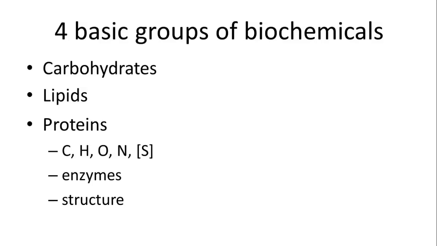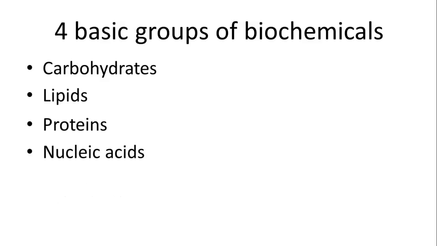If you look at the human body, we have enzymes that break things down, that put things together, that allow things to build up. We also have structural proteins found in things like muscle tissue that allow for proper movement. So proteins, again, very important. Carbon, hydrogen, oxygen, and nitrogen with some sulfur.